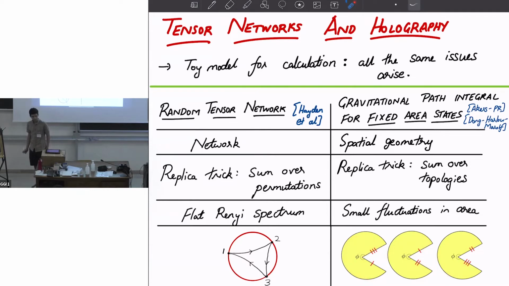And there's a one-to-one correspondence between the action that you get from this gravitational calculation and the calculation in the tensor network, where the same action is reproduced by a permutation, which is just the cyclic permutation. So more precisely, you can always assign a permutation to any of these geometries that you get from gluing together these fixed area geometries. All right.